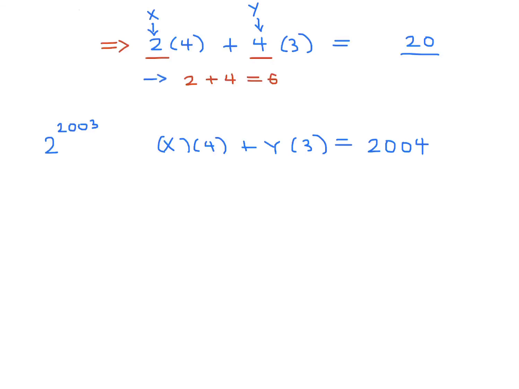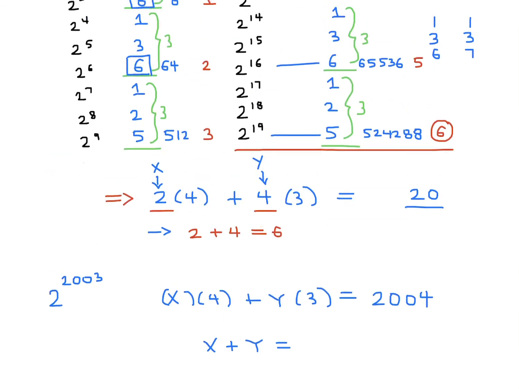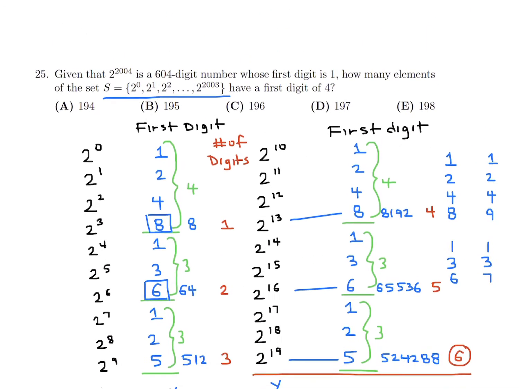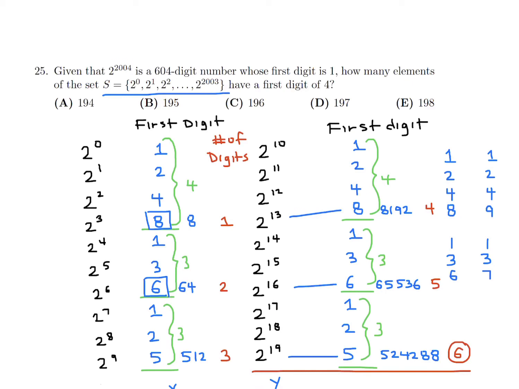Okay, and then we also figured out this neat formula that x plus y is equal to the number of digits in the very last one. Now, do we know that? Here we know it's 6, but what's the number of digits in the very last one? They tell you some of it in the question. 2 to the power of 2004 is a 604-digit number.